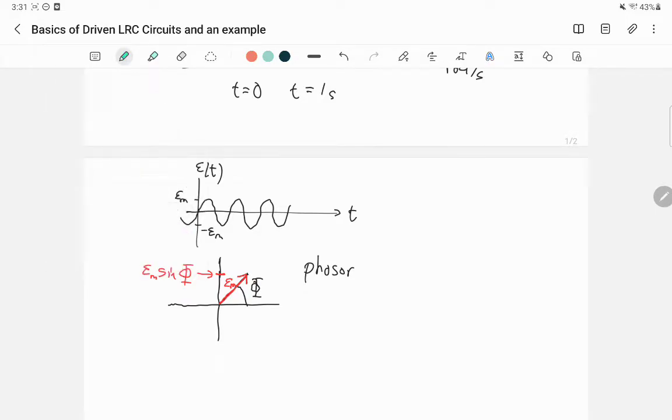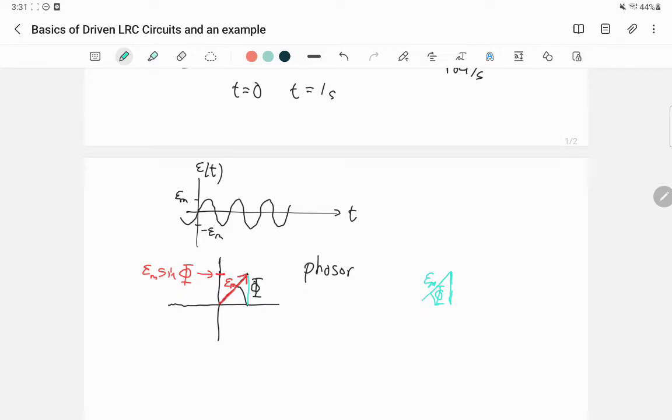So let me draw the triangle off to the side. I've got a hypotenuse whose length is E sub m. I have a vertical side, which is here, and I have an angle, capital phi, right? And so that green side that I just drew is opposite to the angle phi. So the opposite side over our hypotenuse is the sine of the angle.